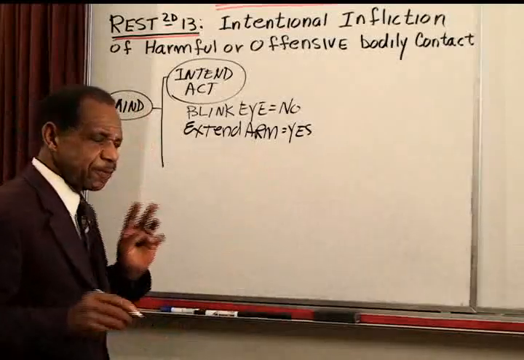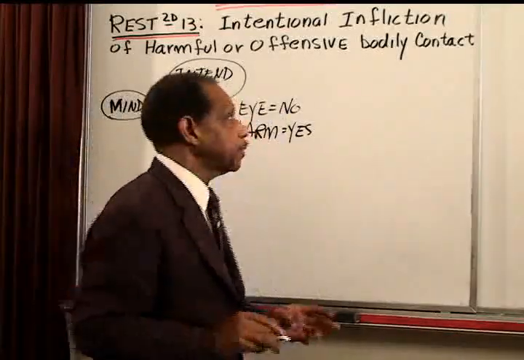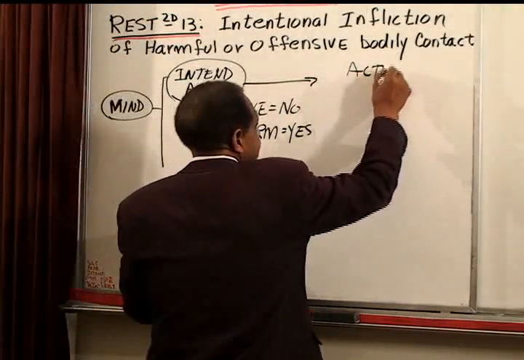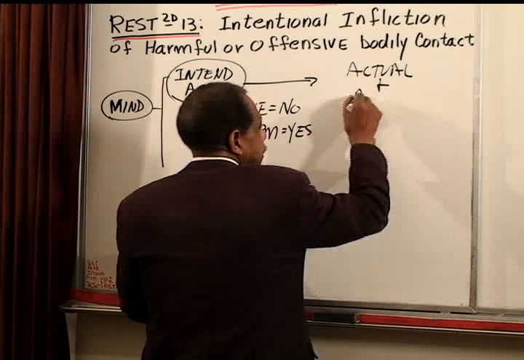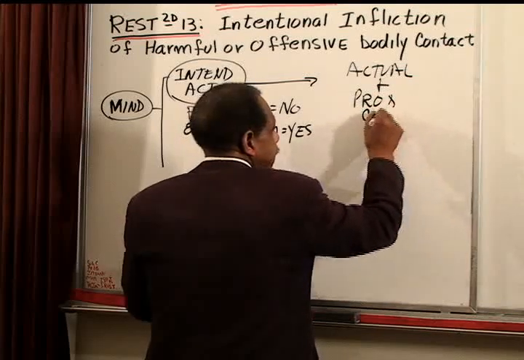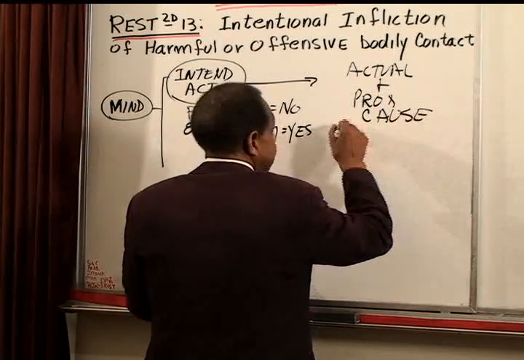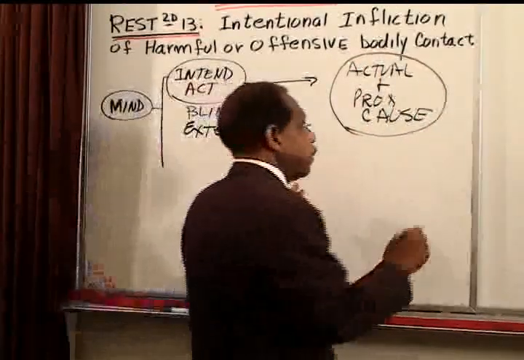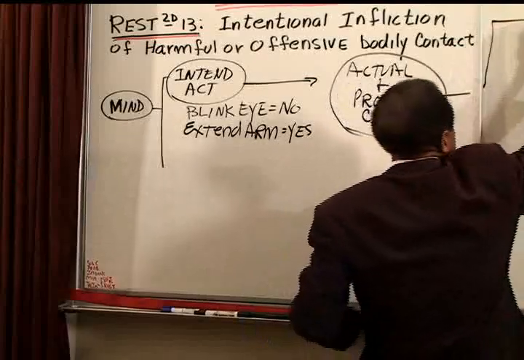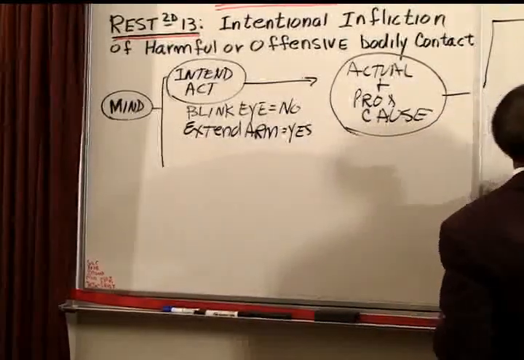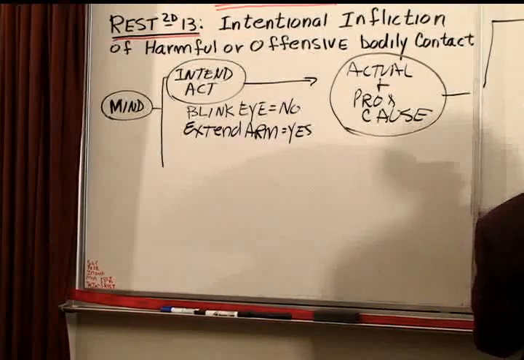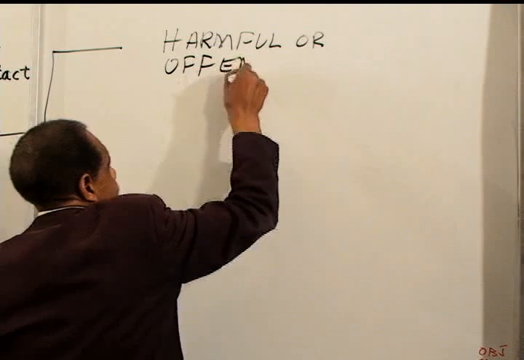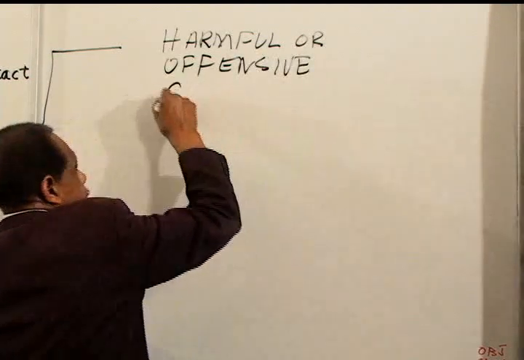Now, in addition to this volitional act, the next requirement is that the volitional act must be the actual and proximate cause of the harmful or offensive contact.